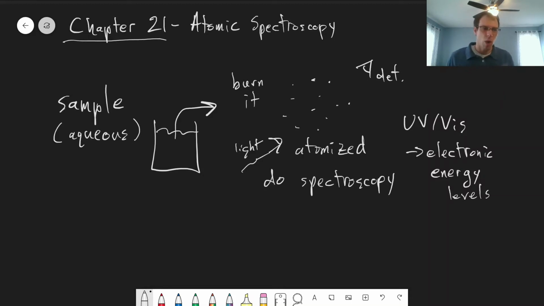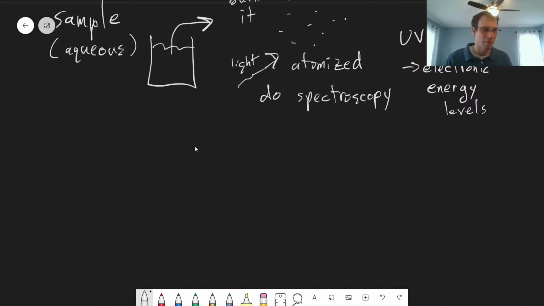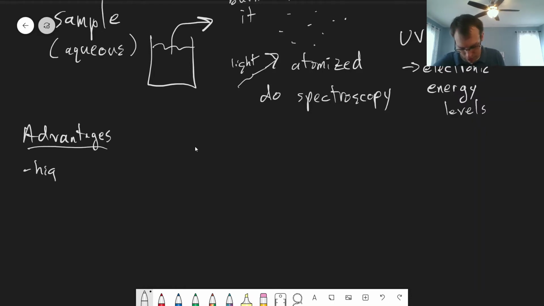Okay, and so why do this? What are the advantages of burning our sample, right, and atomizing everything? So some of the main advantages. One is that atomic spectroscopy can be much more sensitive than just traditional spectrophotometry.